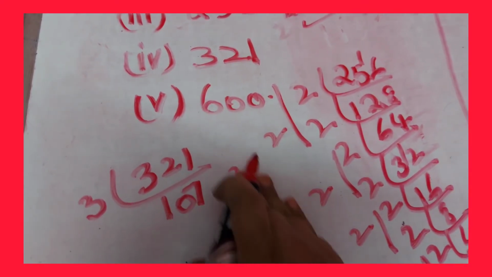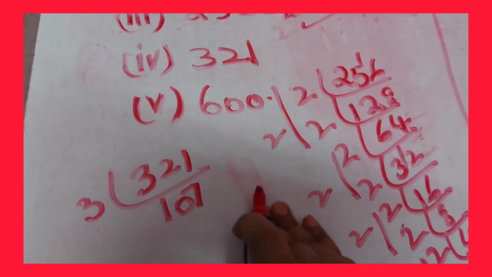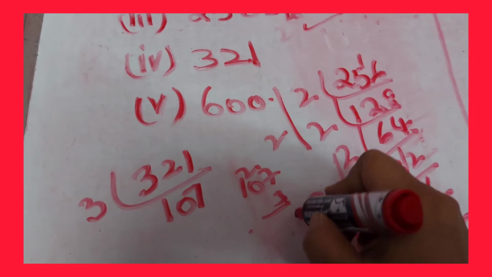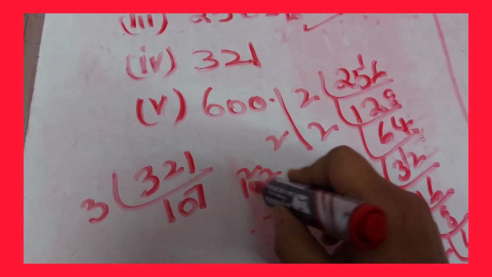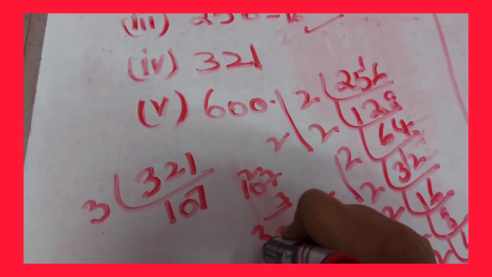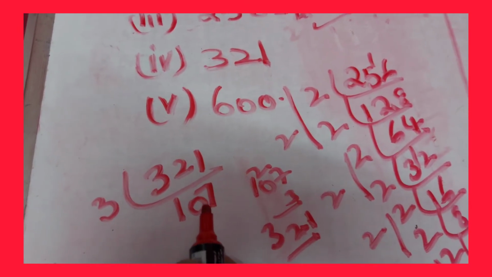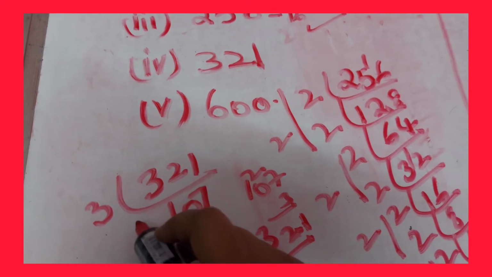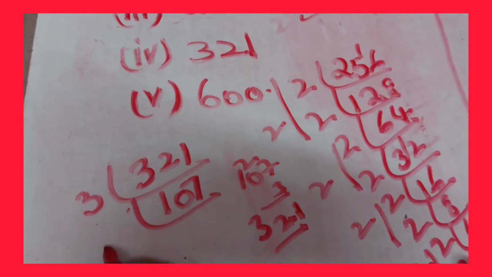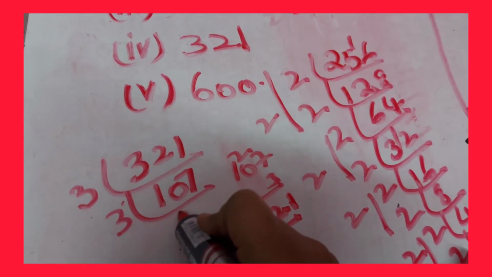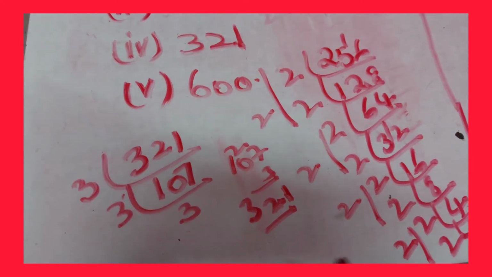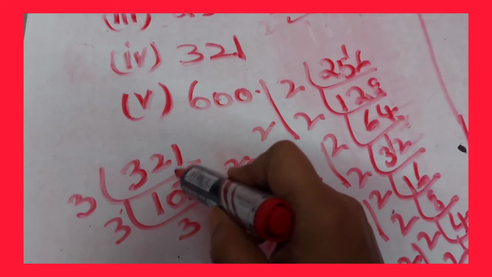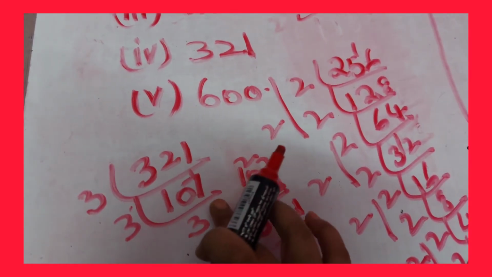It is 107 into 3. 3 7s are 21, 2 0s, 3 0 0, then 3 1s are 3. It is 321. If you are taking two digits, the last two digits, you have to take 0 in between. Remember this. Again, 3 3s are 9. 107 means 3 3s are 9, 1 is there. No, it doesn't come in the 3 table.